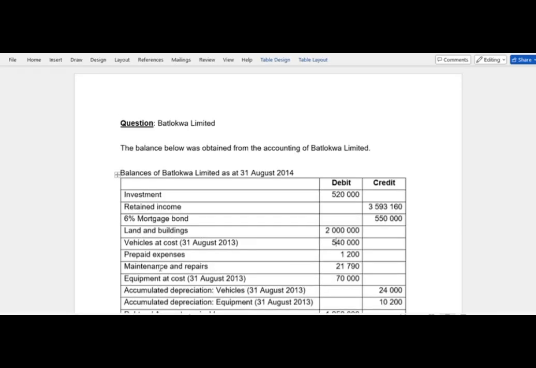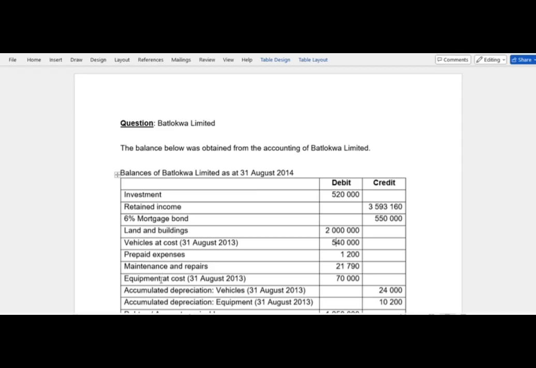All right. So we are having a question about Batlokwa Limited. The balances below were obtained from the accounting records of Batlokwa Limited as at 31st August 2014.